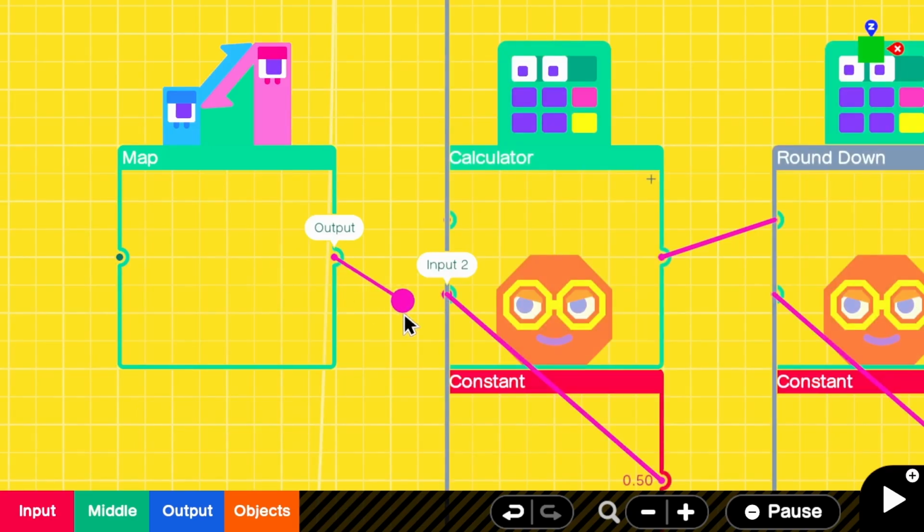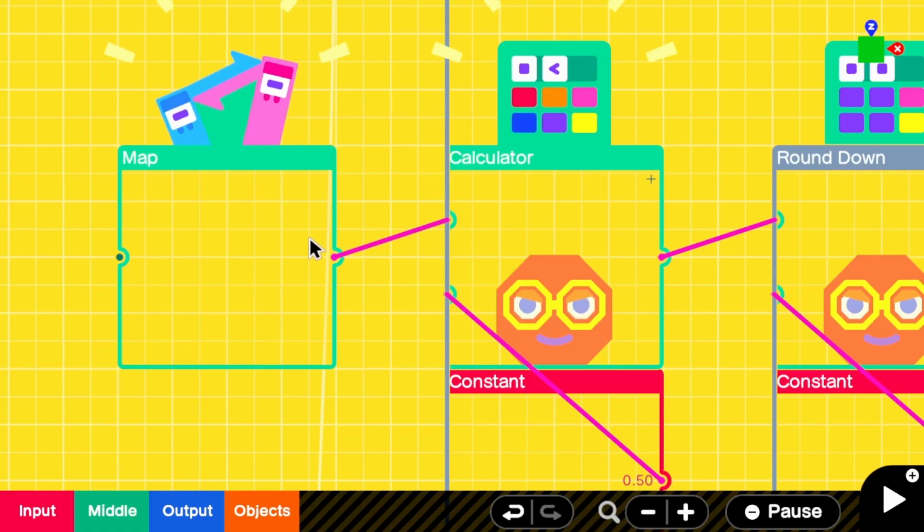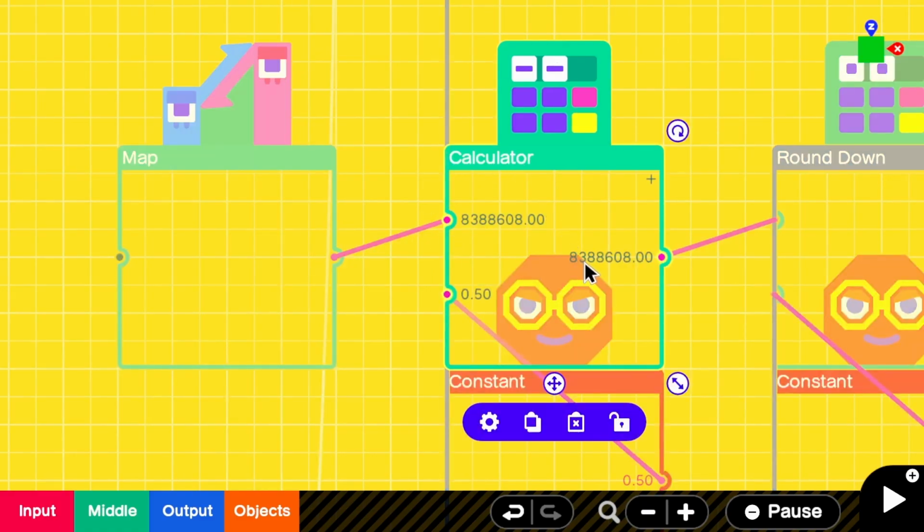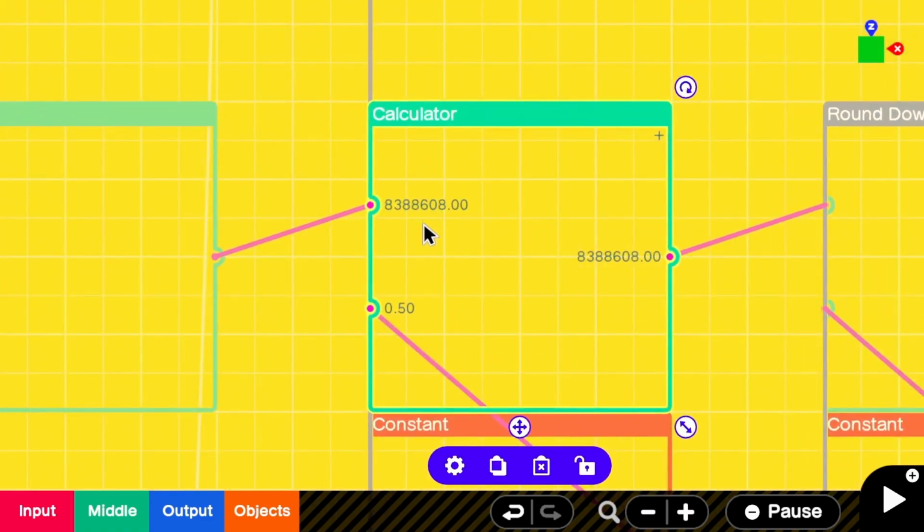So when we add 0.5 to it, you see here that 8388608 plus 0.5 is still the same thing, because it cannot represent decimal values anymore. And at this point, what the game actually does is always round to the nearest even number. So it doesn't do the same rounding as digitized nodons.